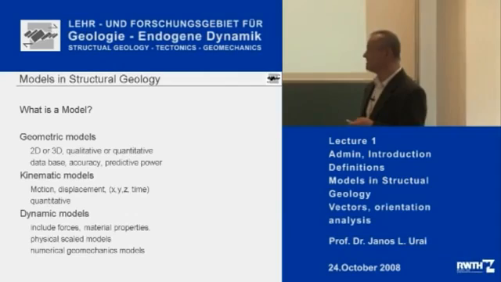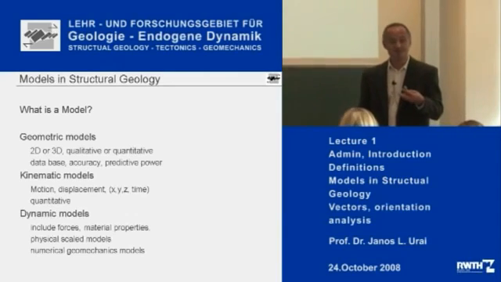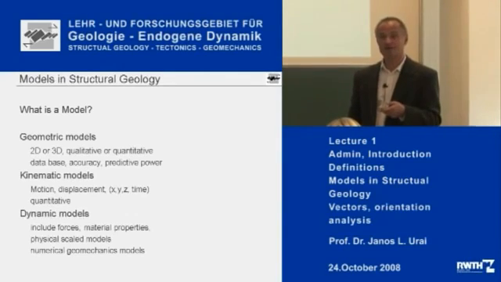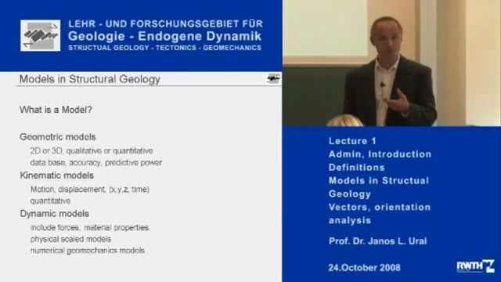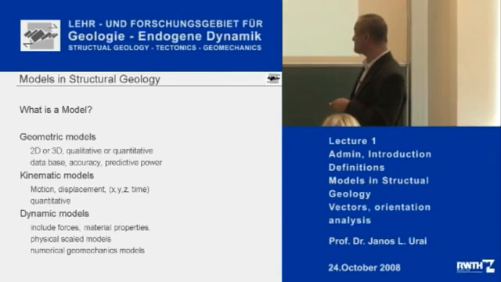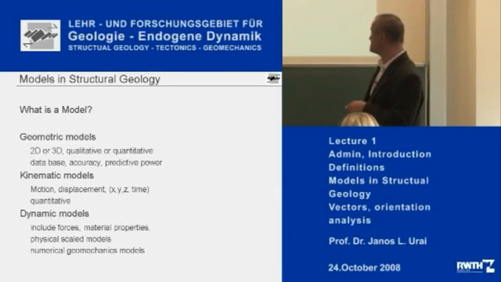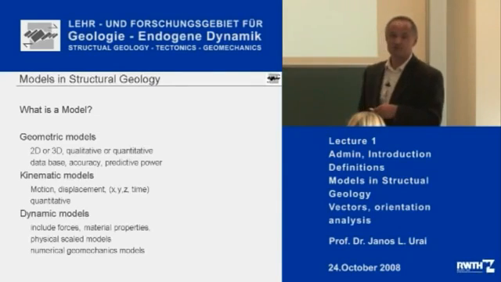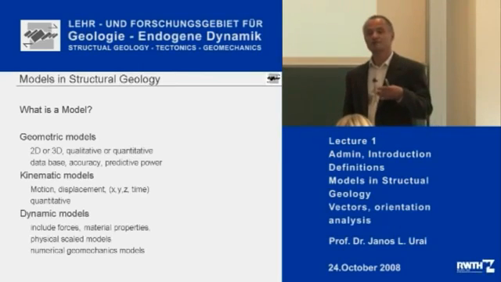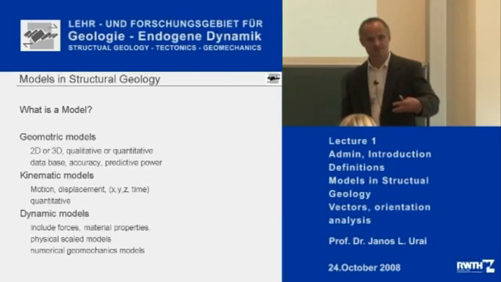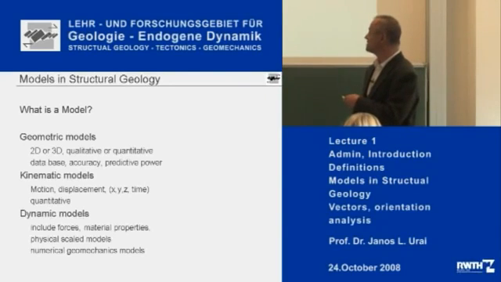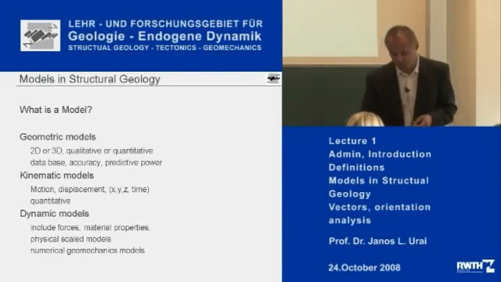They are not as detailed as one would like. They are very, very strongly in development at the moment. They include the forces and the material properties. Some of them are physical models, and some of them are numerical models. And now I will give you examples of each of these: the geometrical, the kinematic, and the dynamic models.